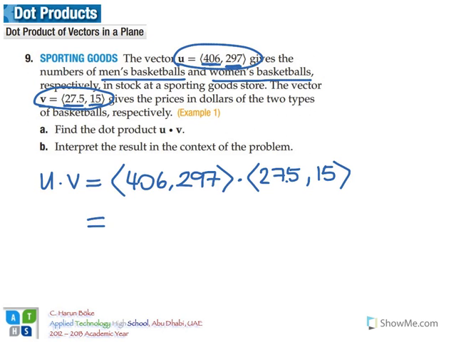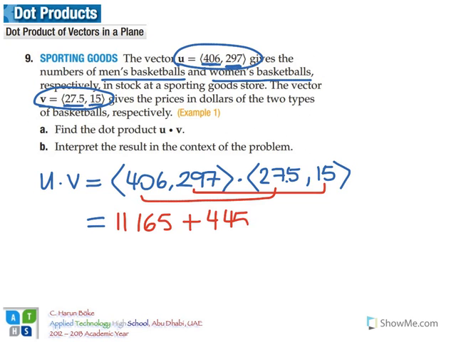When we do the calculation, we have 406 multiplied by 27.5, which is 11,165, plus 297 multiplied by 15, which gives us 4,455. Now when we add these up, we conclude a number of 15,620. Now this is part A.